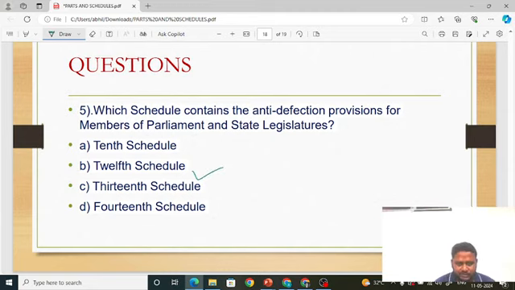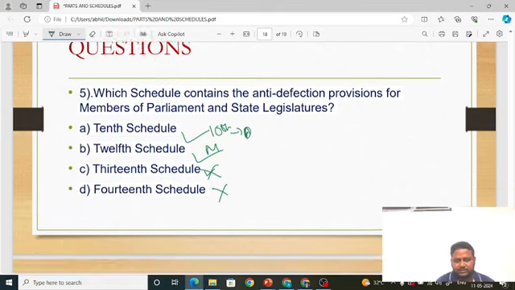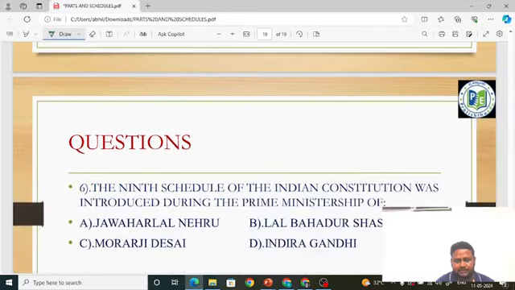You know that 12th schedule deals with municipalities. There is no 13th schedule, there is no 14th schedule, we only have 12 schedules. So the answer is automatically 10th schedule. Okay, 10th schedule talks about anti-defection law, that is defections. Okay friends, I hope it is clear. See, through the questions only we are able to revise a lot of things.